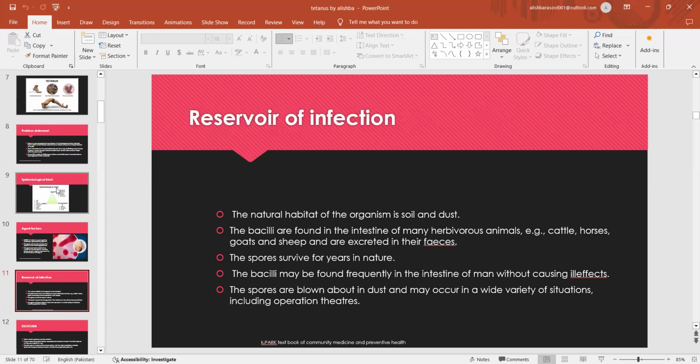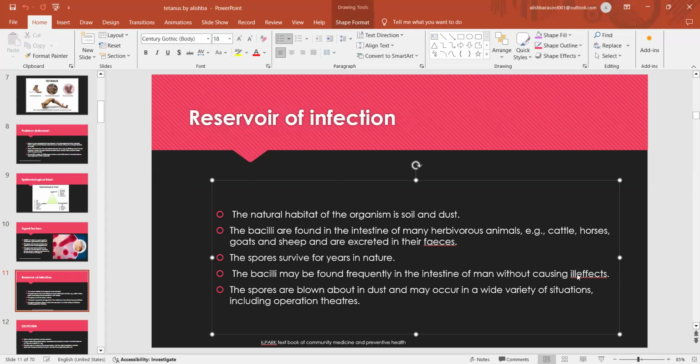The spores survive for years in nature. The bacilli may be found frequently in the intestine of man without causing ill effects. The spores are blown about in dust and may occur in a wide variety of situations, including operation theaters.